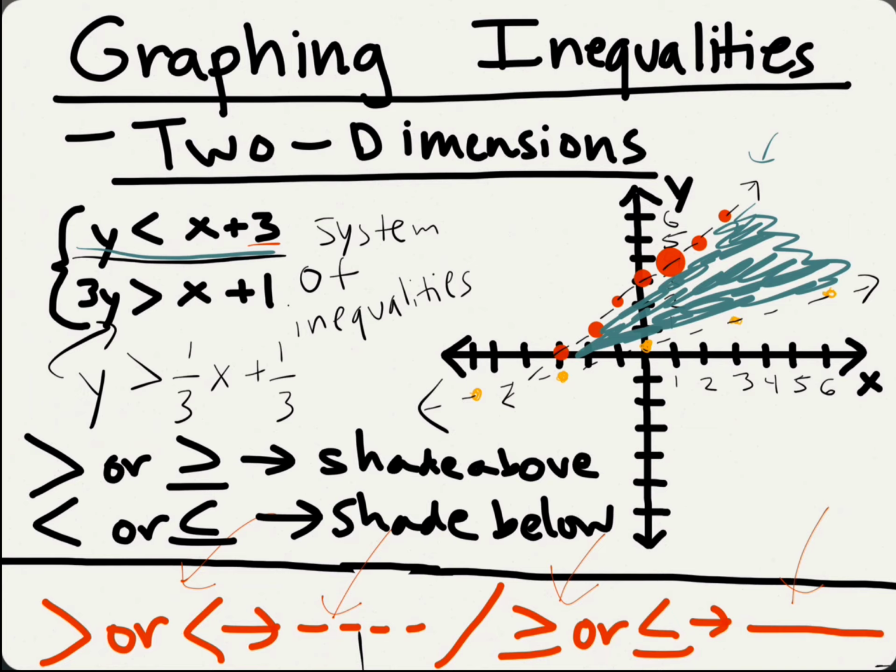And then we go to y is greater than 1/3 x plus 1/3. That's this line right here. And it's greater than, so we shade above. Everything in this area is the solution. That's what you do. All right.